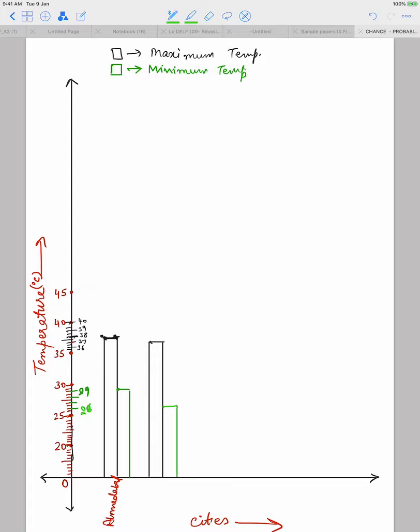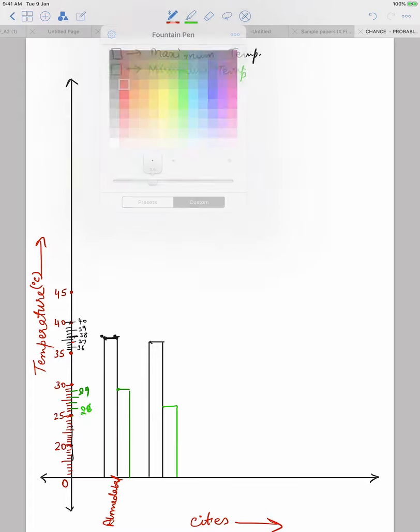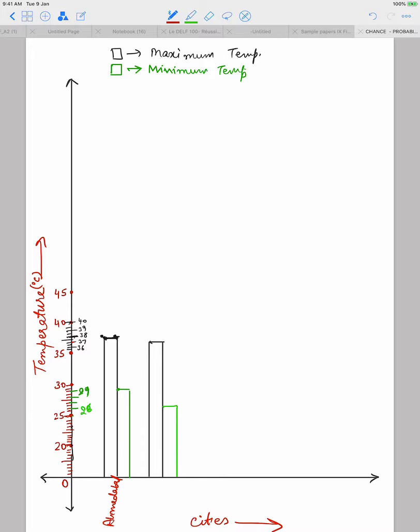Okay, and which city are they representing? They are representing Amritsar. Sorry, I'll write it again. This is Amritsar.